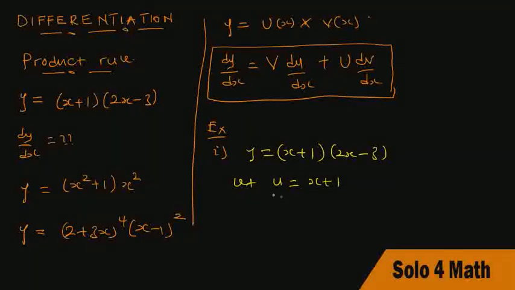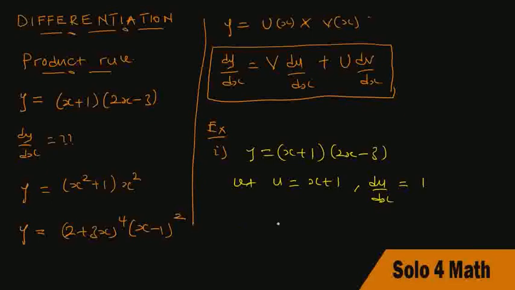We said when you let u, let it give you du/dx. What is du/dx? You know it is 1, because if it is a linear function, the power of x is 1, then you just take the coefficient of x, which is 1. Then this is a constant, its derivative is 0.